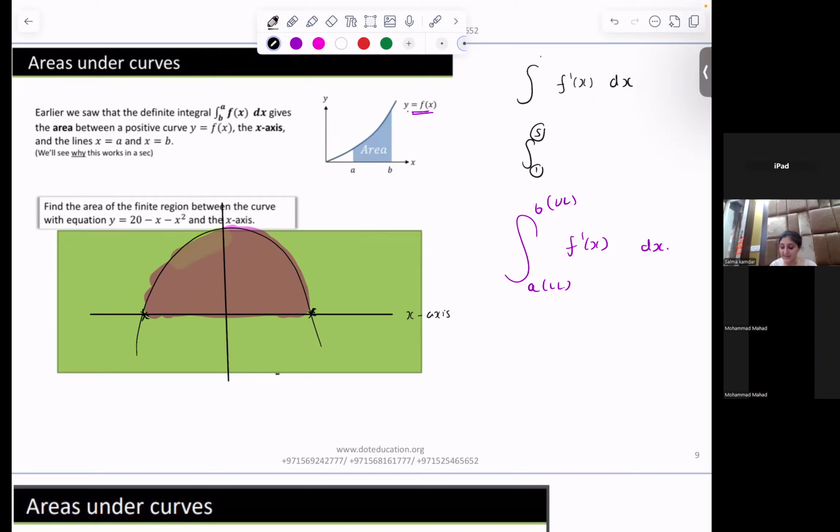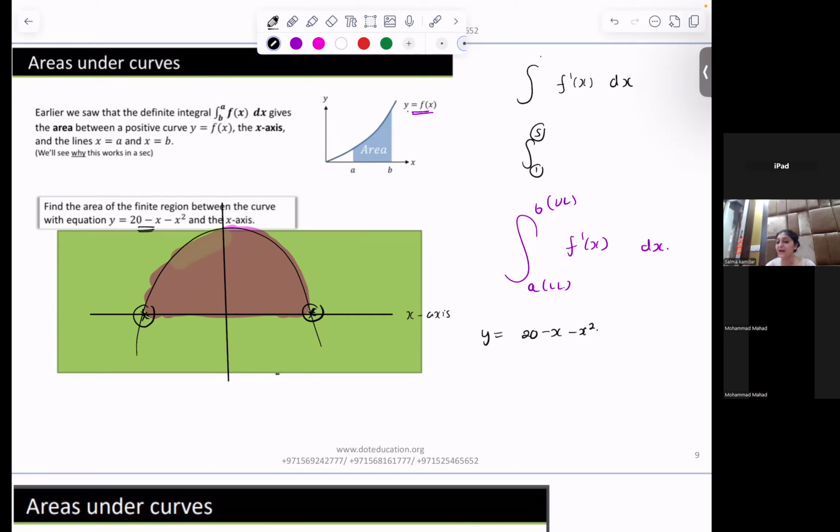So in this case, I will solve this equation first to get the boundaries. I will factorize this equation to get the boundaries, which become my upper boundary and lower boundary. So my y is equal to 20 minus x squared.